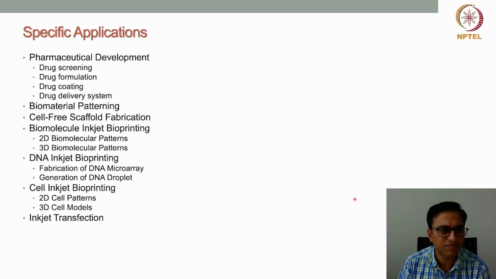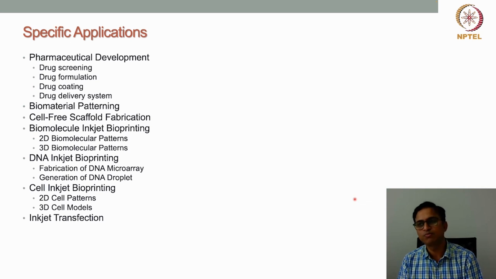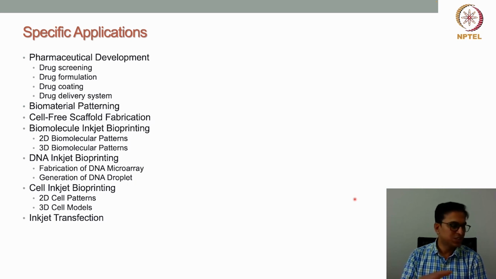Suppose for pharmaceutical development, inkjet 3D printing is capable of producing droplets of controlled size in a high throughput manner. So this technology can be very well used for generating droplets, or creating patterns of droplets.